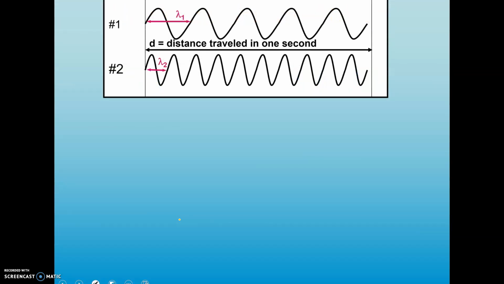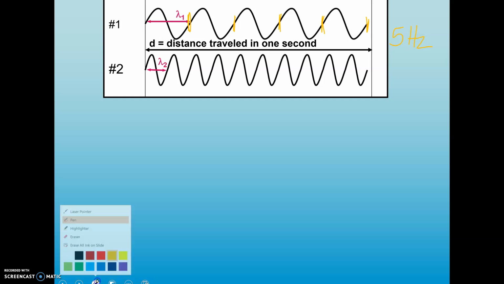So if we were going to compare two waves, this is two waves and how many waves passed in 1 second. And so if we look here, we can count how many waves passed in 1 second. So 1, 2, 3, 4, 5, right? So wave 1 would have a frequency of 5 hertz.